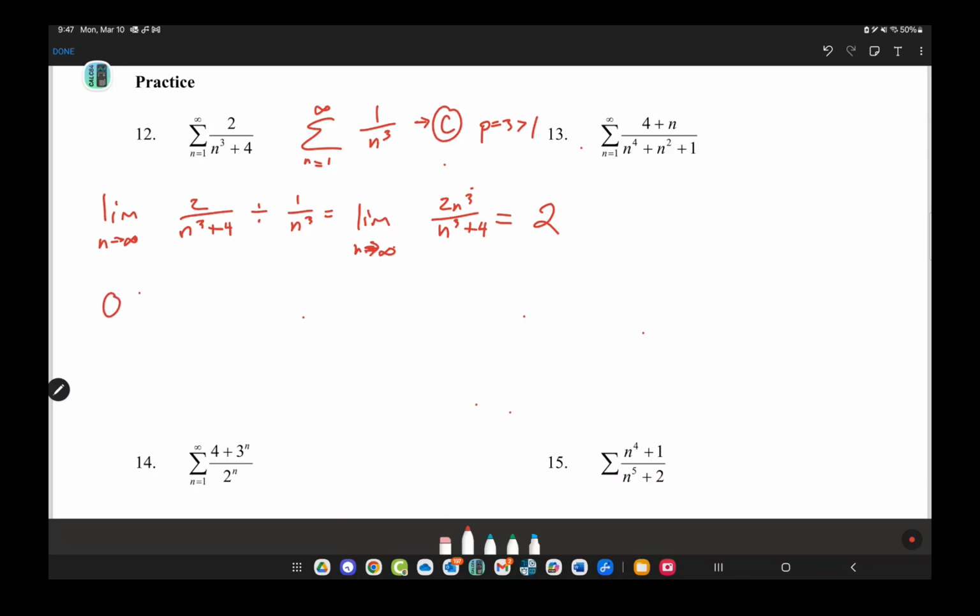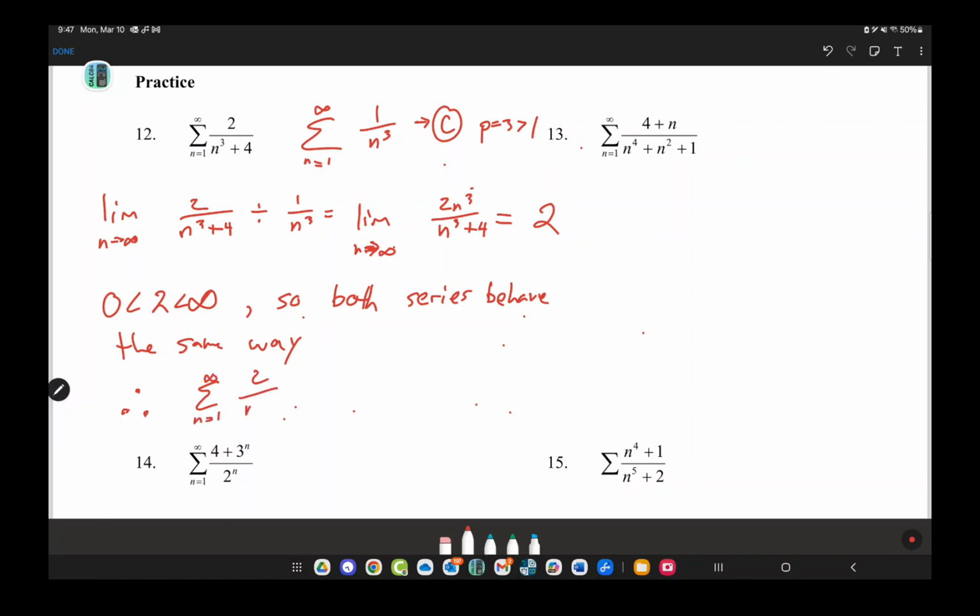So since 0 is less than 2, which is less than infinity, both series behave the same way. Therefore, the sum from n equals 1 to infinity of 2 over n cubed plus 4 converges.